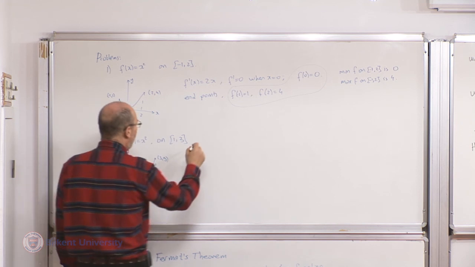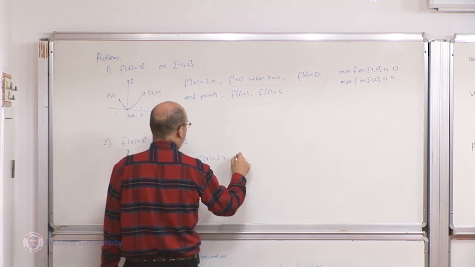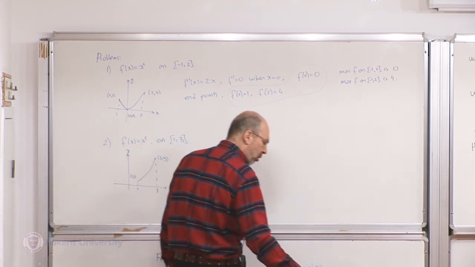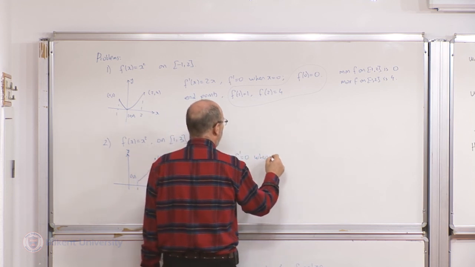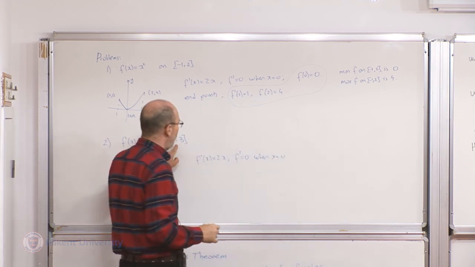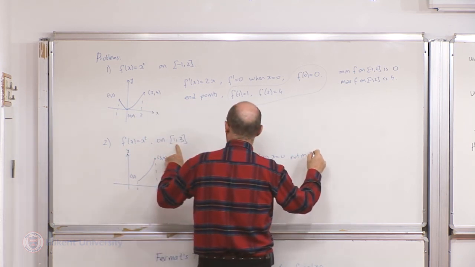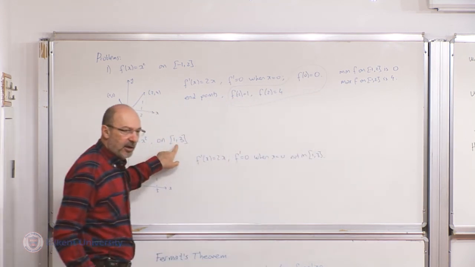Okay, so now I look at f prime x. This is equal to 2x. F prime equals 0 when x equals 0, but 0 is not in the interval, not in [1, 3]. So I don't evaluate f there.